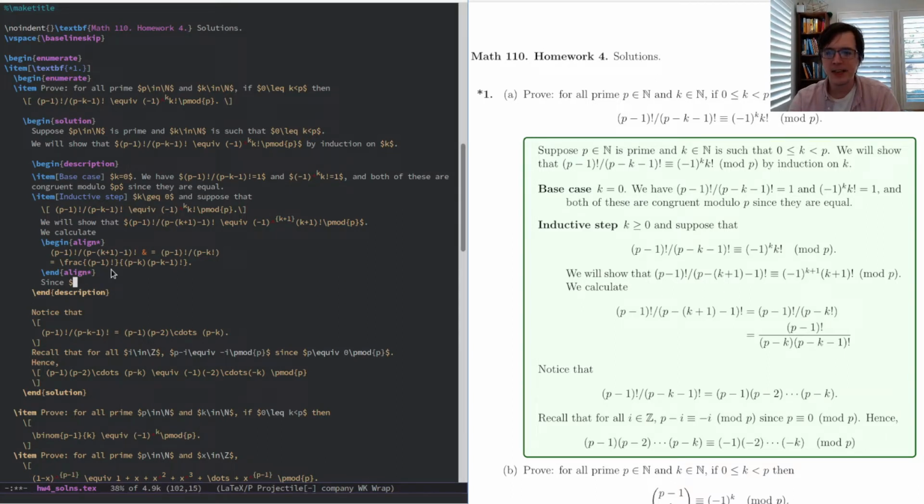The problem is, to do that I need p minus k to be invertible mod p. Which it isn't necessarily, because what if k is... Oh, k is not p. k could be 0, and then that's a p in the denominator.